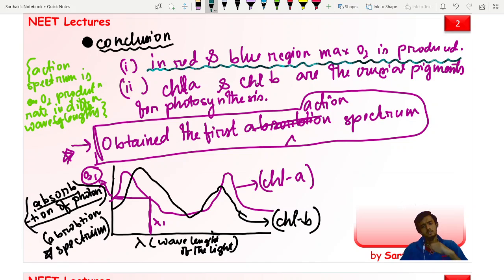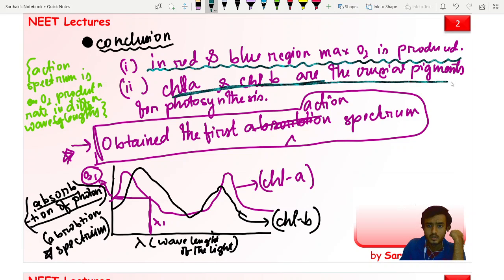We have already seen it. And chlorophyll A and chlorophyll B are the crucial pigments for photosynthesis. How he proved this notion, we'll understand in a very short time, so do not worry about that.